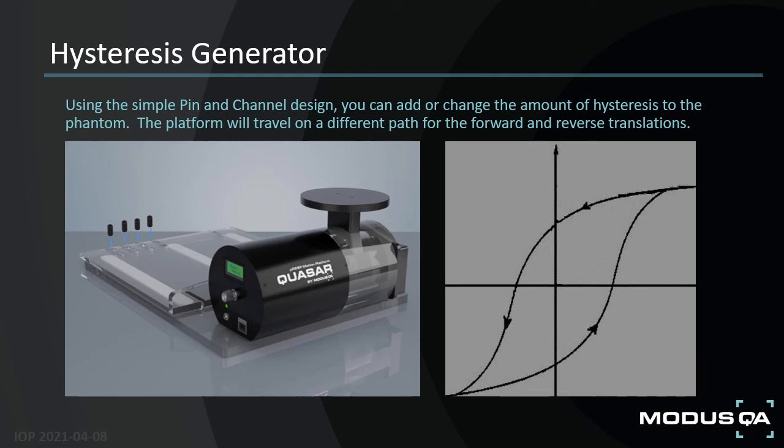This mechanical adjustment to the phantom motion is easy to do and also remains quite accurate, as the resultant motion of the phantom and tumor surrogate is quite similar to the lateral motion of the tumor expected within the patient's body. So in general, not only does the motion platform accessory provide translational respiratory motion to the MP body platform phantom, but it can also provide another dimension of motion outside of that 2D standard translational motion with the hysteresis generation cap.